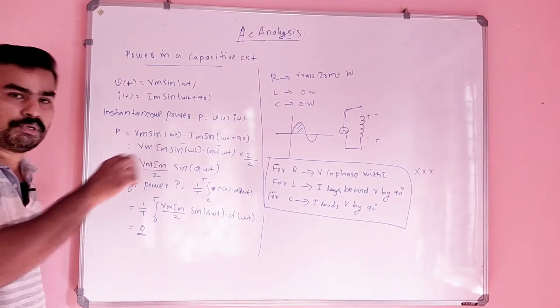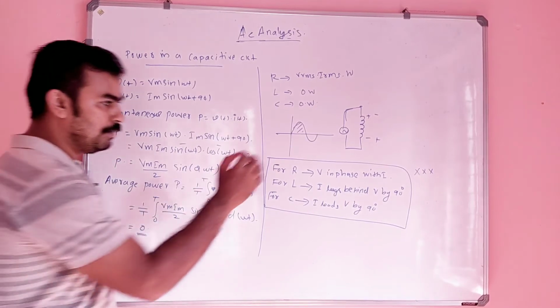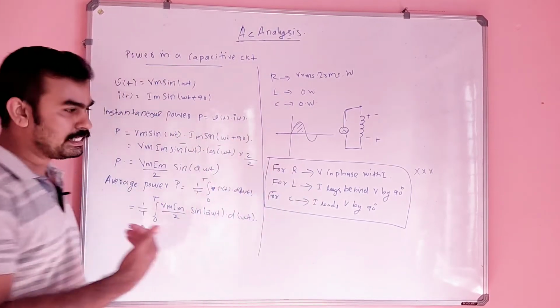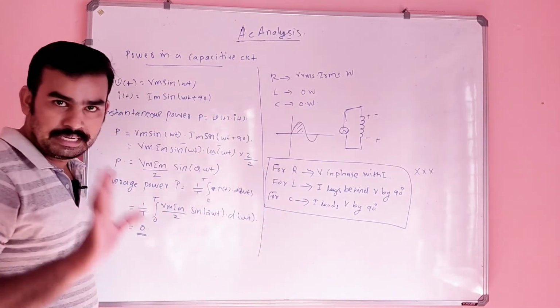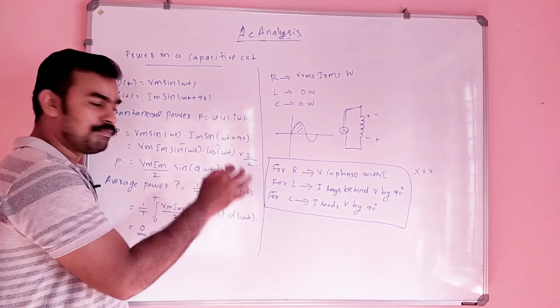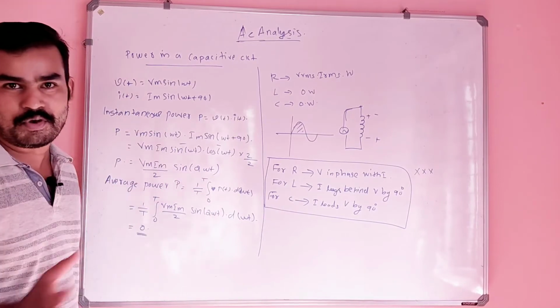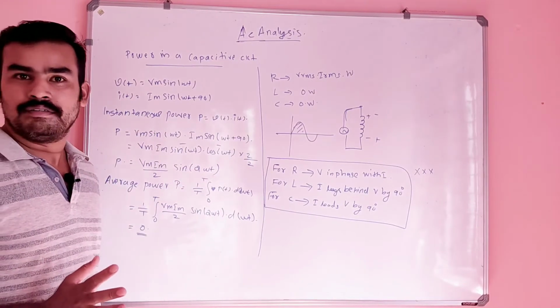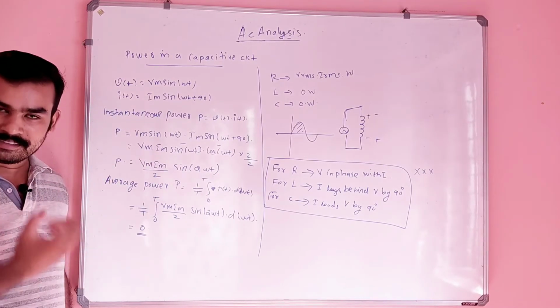You have to always keep in your mind that for a resistor V is in phase with current, for an inductor I lags behind V by 90 degrees. These are all pure elements. This is the assumption: pure inductor, pure resistor, pure capacitor. I again mention it's pure. It's an assumption. We can't make a pure resistor, pure inductor, or pure capacitor.